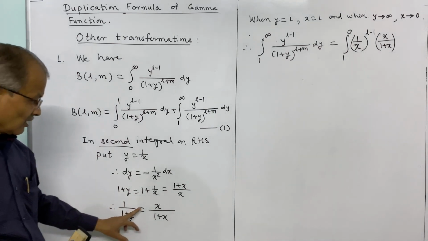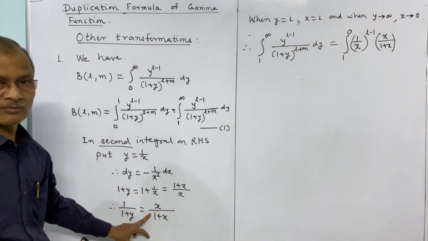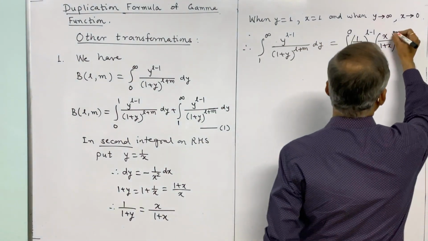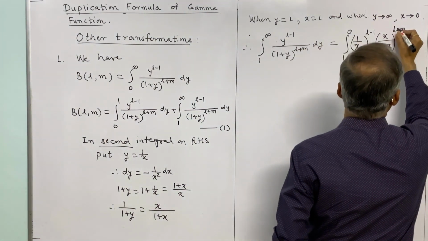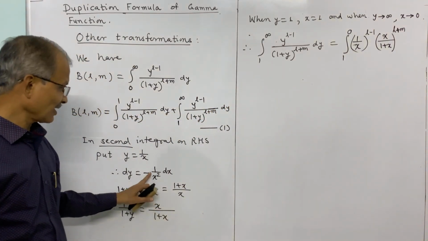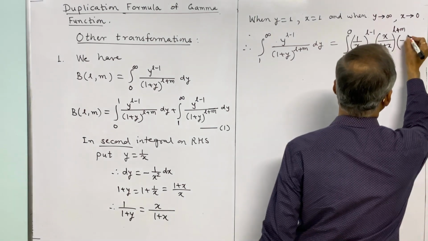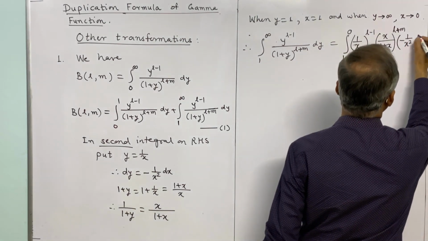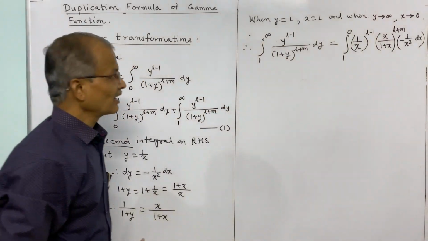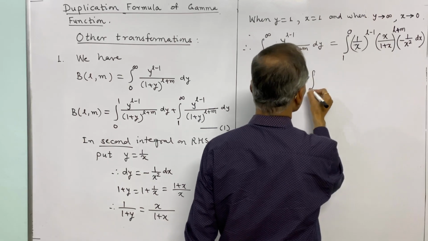So it will be x divided by 1 plus x raised to L plus M, into dy, and dy is minus 1 upon x square into dx. This is the second integral, and this can be simplified. So it is integral 0 to 1.